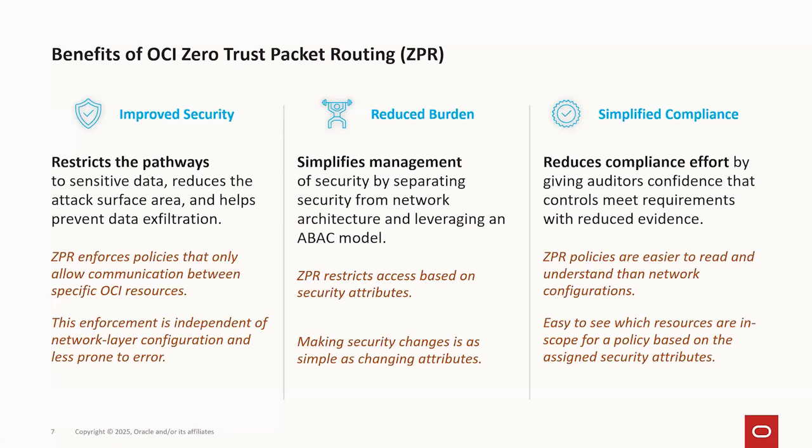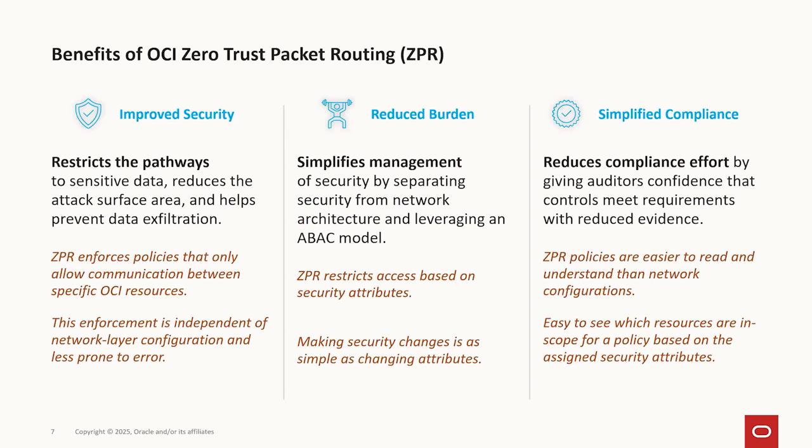There is an element of reduced burden as well. So simplification of management, because you're restricting access based on security attributes. So your managers will be focusing basically on tagging those requisite resources, whether they be sources or destinations.